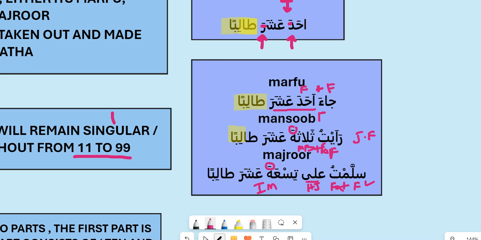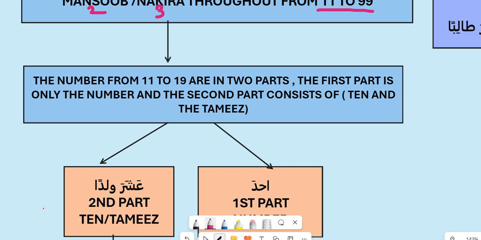For numbers 11 to 19, you should understand the structure these numbers follow. They are in two parts. The first part has the number only, and the second part consists of the 10, ashara, and the tamiz.